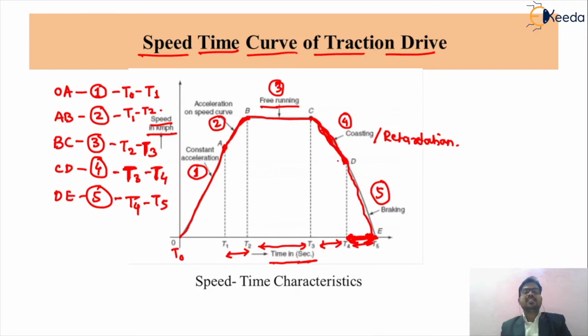At this instant the driver applies the braking, so due to the braking system the speed of your traction drive suddenly decreases and it goes to the rest period. This period is called braking. So friends, this is the actual understanding of the speed time curve of a traction drive.